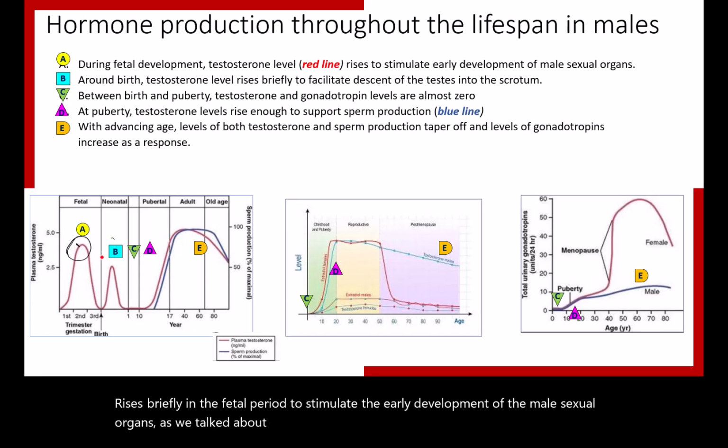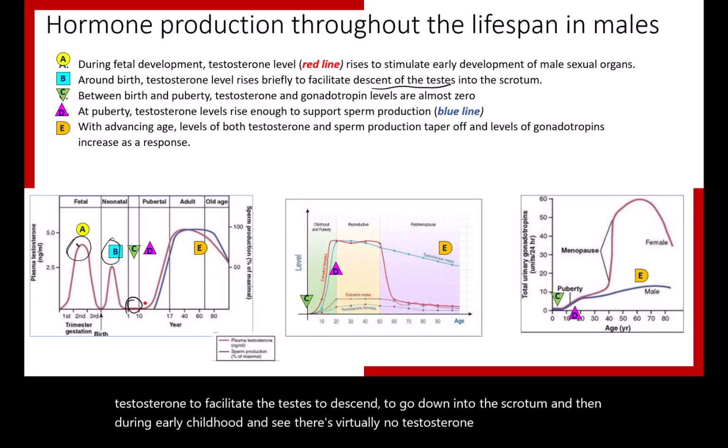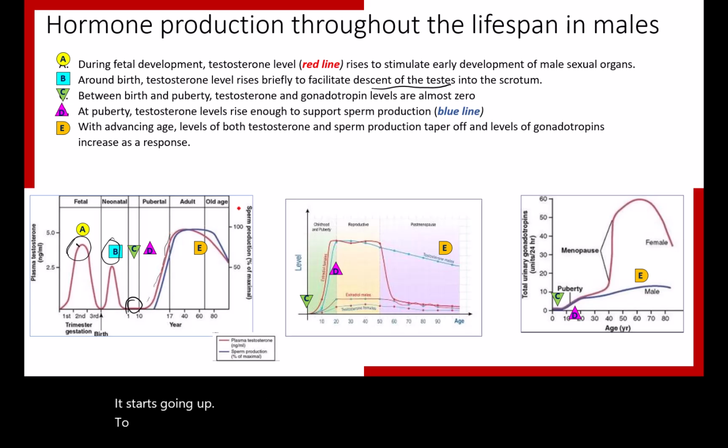And then at birth, again, there's a brief spurt of testosterone to facilitate the testes to descend, to go down into the scrotum. And then during early childhood in C, there's virtually no testosterone release. During puberty, it starts going up to support sperm production. It continues on. So the red line is testosterone.